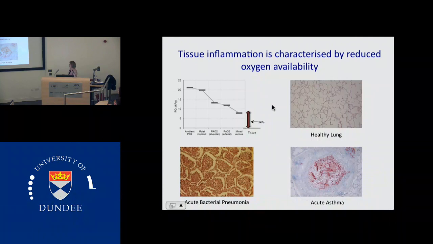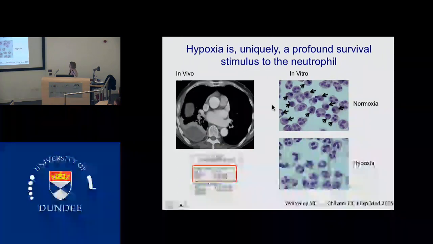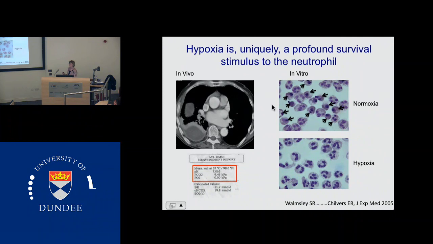This is an example of an airway in an asthmatic that's been occluded by a mucus plug. So oxygen levels can vary a lot in the lung, and we also know that unlike other cell types, neutrophils actually respond to hypoxia, to low levels of oxygen, by surviving. So apoptosis, cell suicide, is delayed by lack of oxygen.